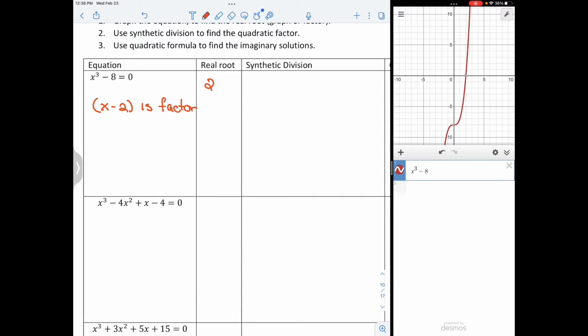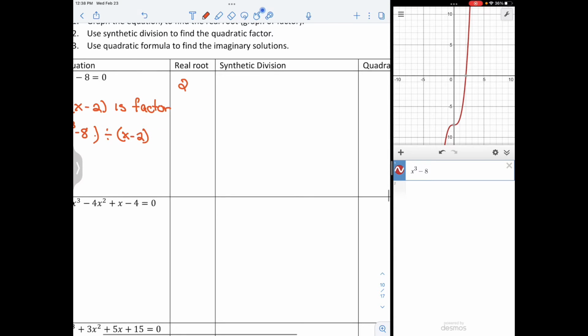Which also means that if I divide x cubed minus 8 by x minus 2, I can find the other factor of x cubed minus 8. So that's what I'm going to do. I'm going to use synthetic division to divide x cubed minus 8 by x minus 2. So I take the opposite of negative 2, which so happens to be positive 2 here, the same as my solution.